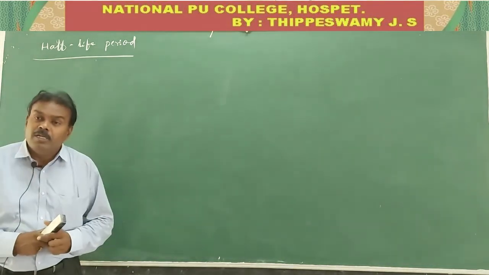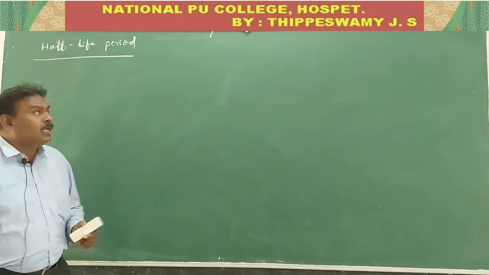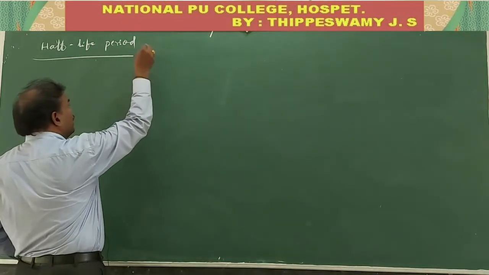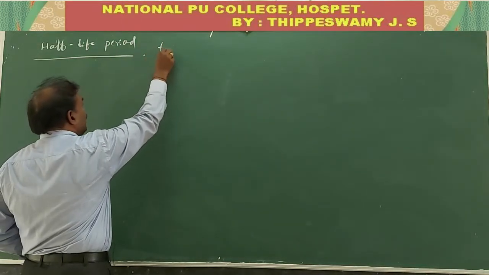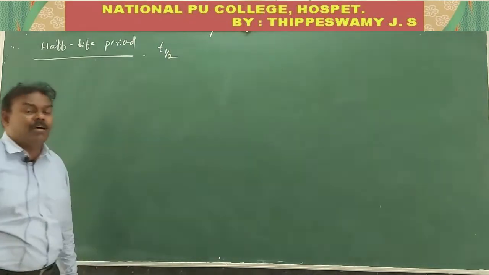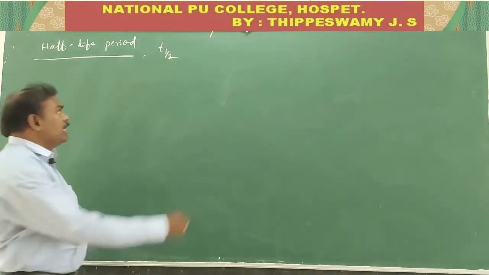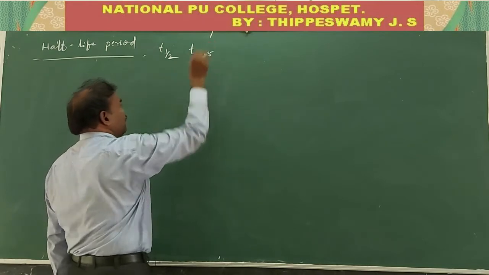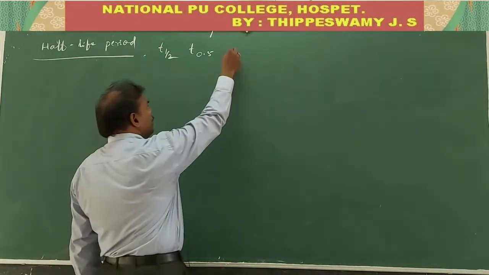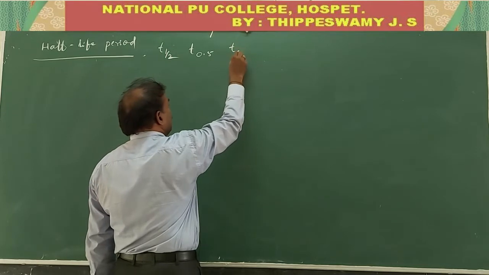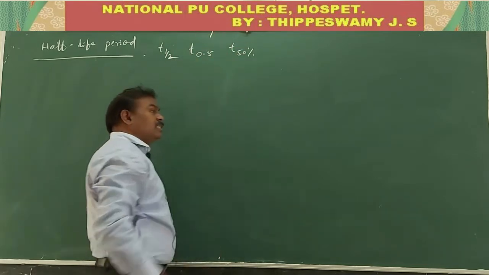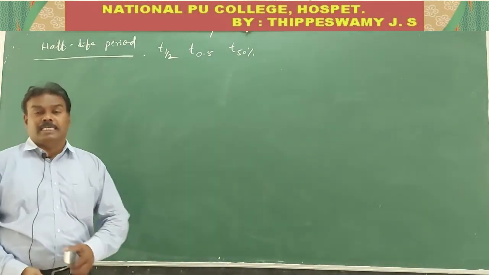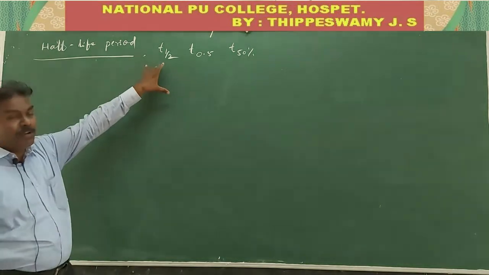Half life period. Okay? And this half life period is designated as T half, or it may be T 0.5, or it may be small t 50%. In this manner we represent the half life period.